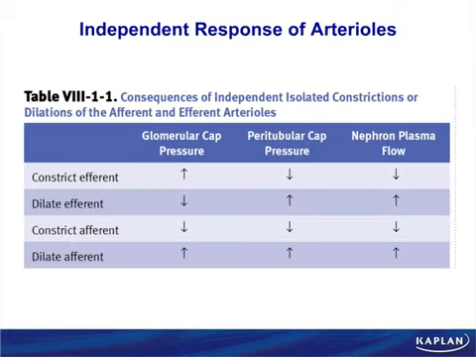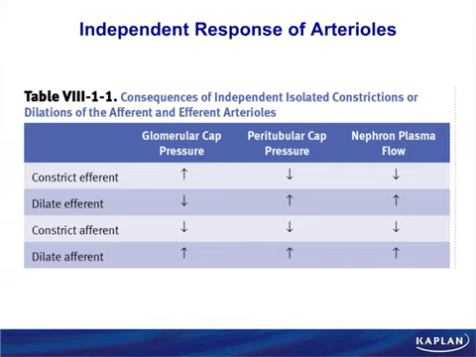So this table nicely summarizes what we went over. Very important to understand this table. Vasoconstrict the efferent arterioles. Vasoconstrict the afferent arterioles. No matter what, whenever you're vasoconstricting, you are increasing resistance in a series circuit, and you are decreasing the renal plasma flow.